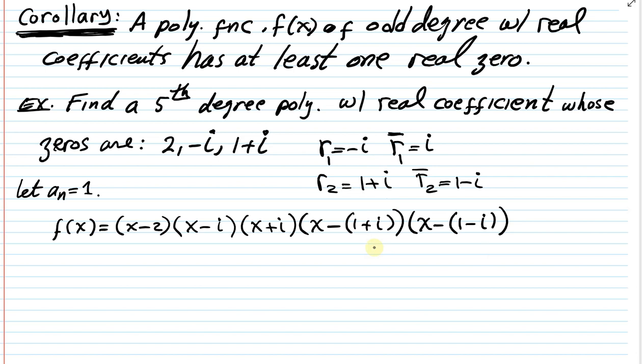Now, because we want to know what the polynomial function looks like, we have to carry out some of these multiplications. Okay, so here's how we do this. Keep the real factor away from this. In here, I'm multiplying 2 conjugates. And remember, only when you multiply conjugates, you can actually square the first term plus the constant squared.